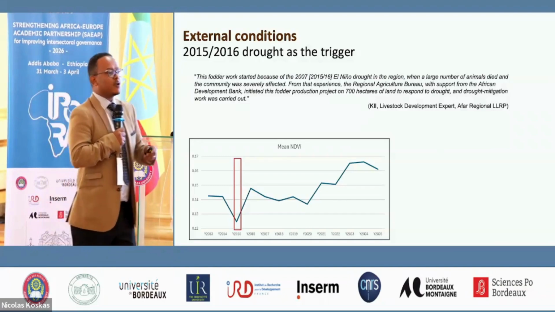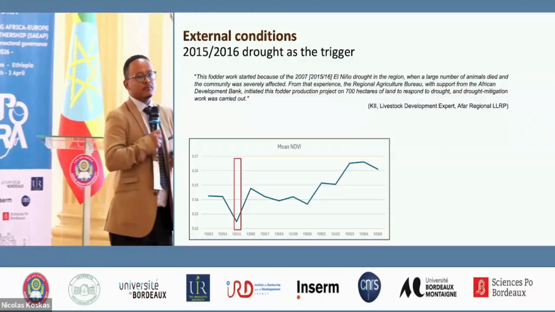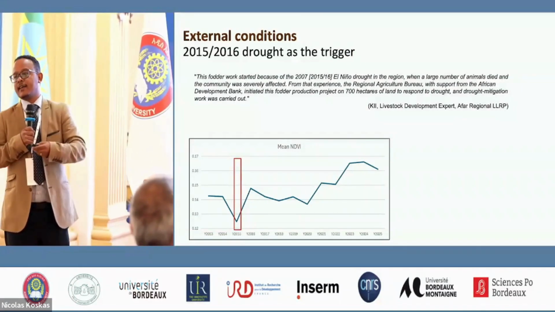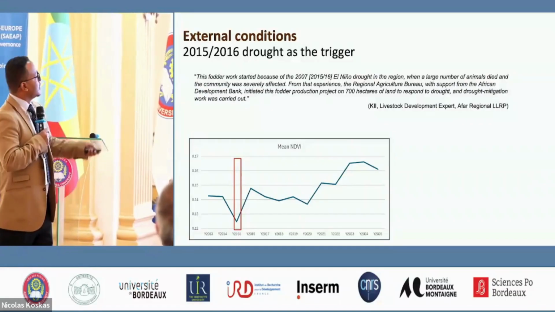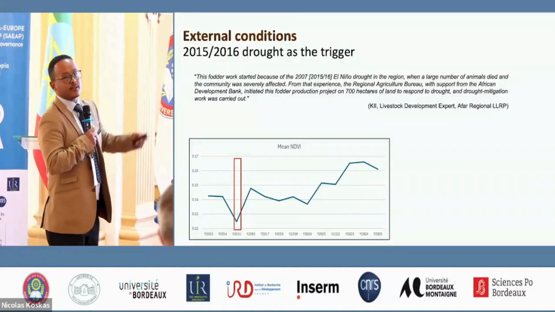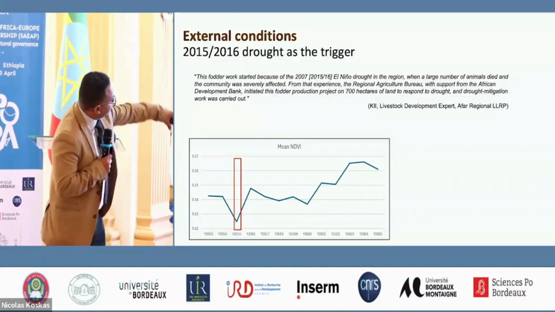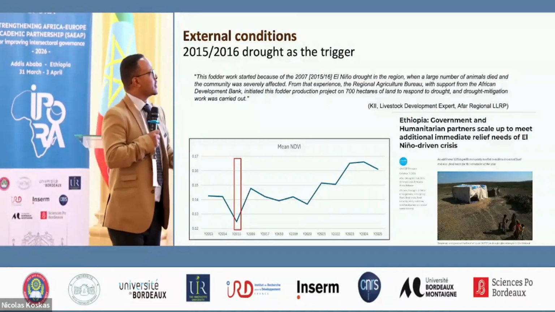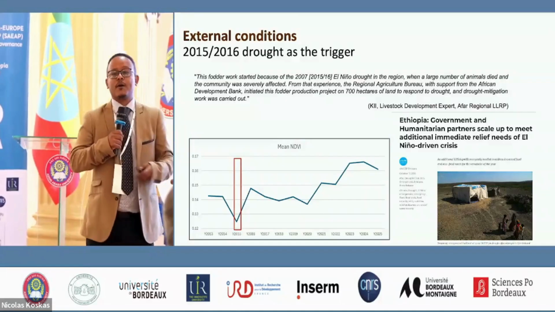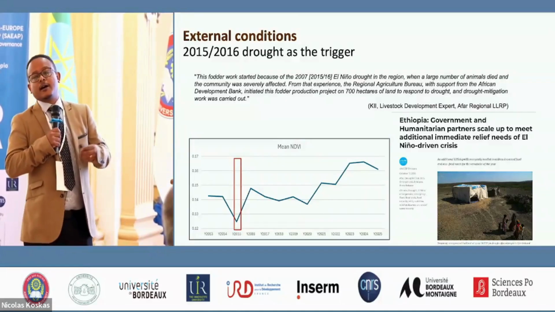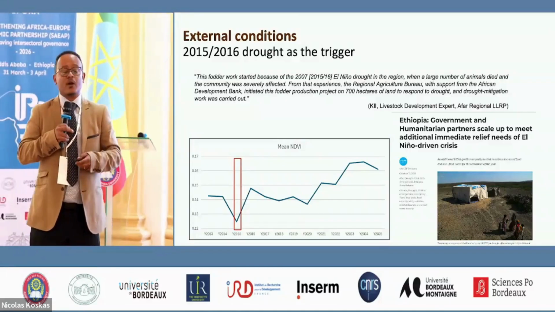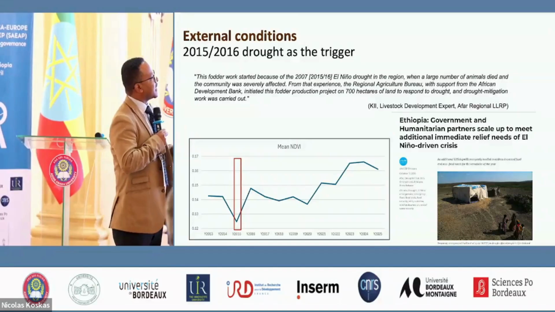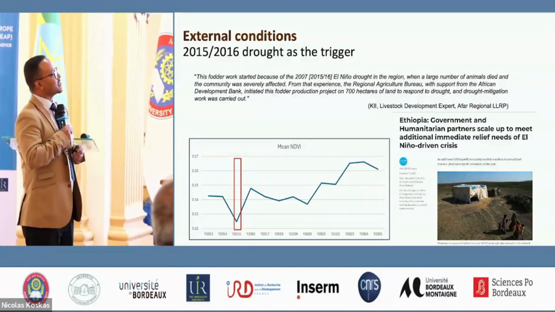Well, the El Nino. So we can see from the greenness, the NDVI that the remote sensing people use, that definitely, yes, we had that 2015 where you see a dip there. And if you look at some of the news and websites from those in development work, you will see the Ethiopian government and humanitarian partners scale up to meet additional immediate relief needs of El Nino.